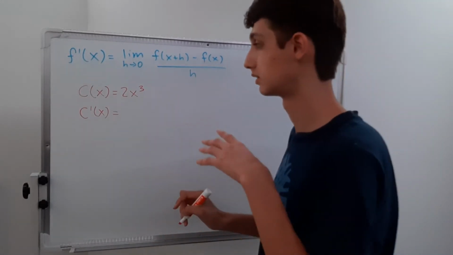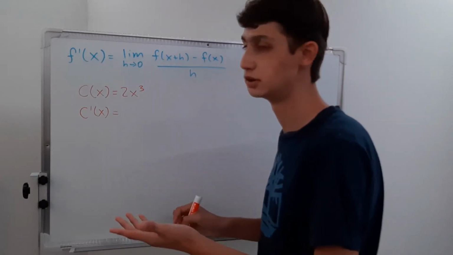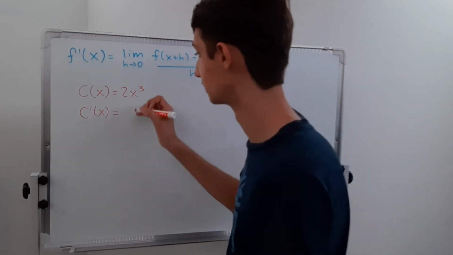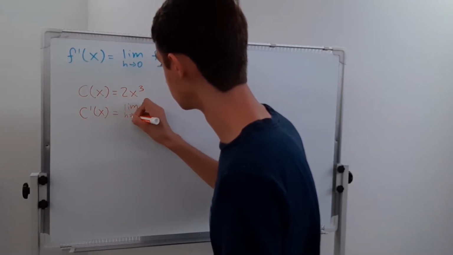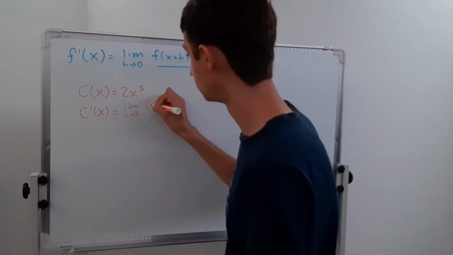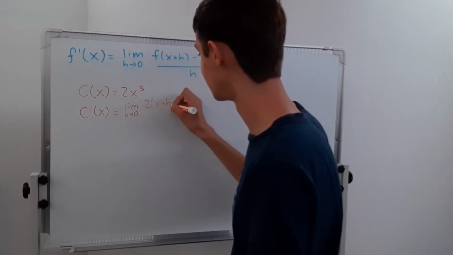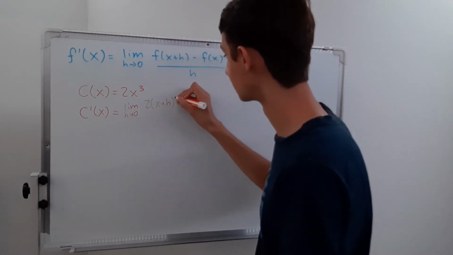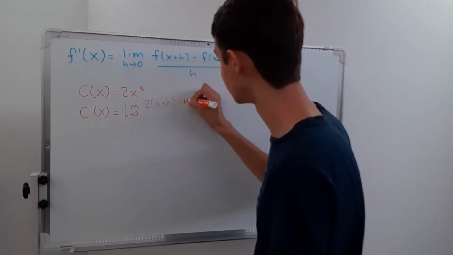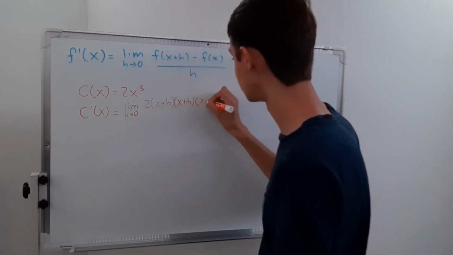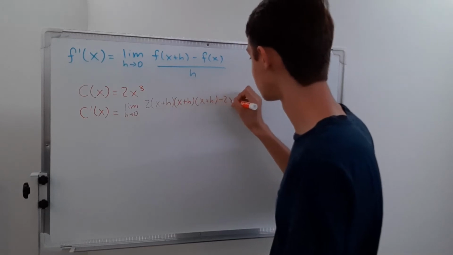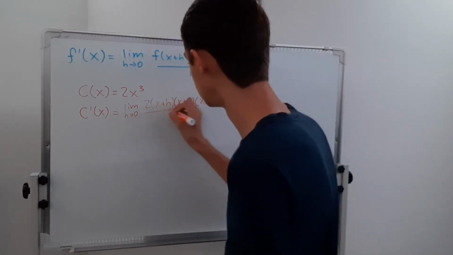Now this looks easy, but we have x plus h cubed, and you'll see why. So limit as h approaches 0 of 2 times x plus h cubed. So we're going to have to do x plus h times x plus h minus 2x cubed all over h.